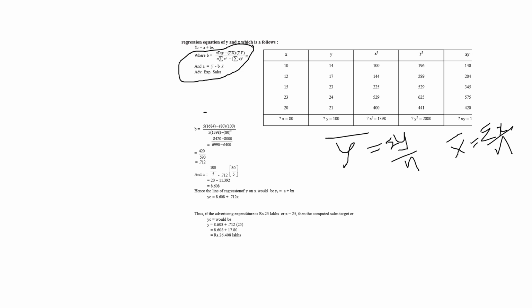So what is the formula for regression? The equation of y on x is y equal to a plus bx. So first we need to find a and b.